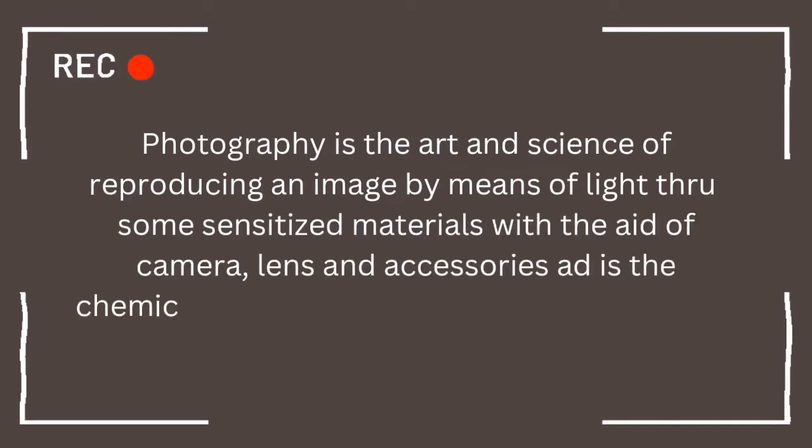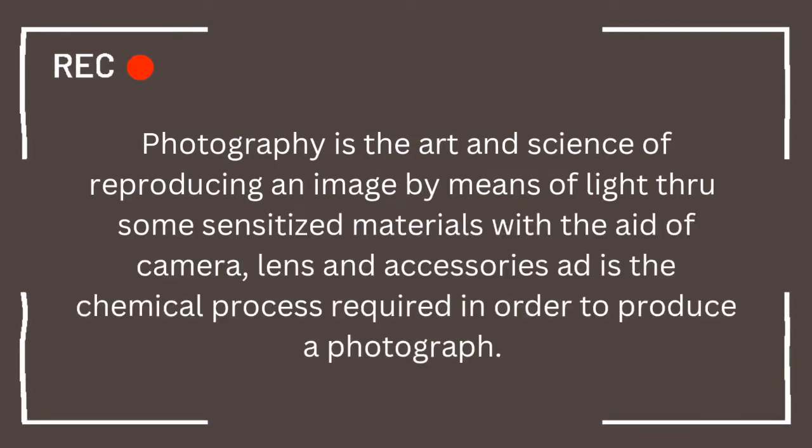Photography is the art and science of reproducing an image by means of light, through some sensitized material with the aid of a camera, lens, and accessories, and is the chemical process required in order to produce a photograph.